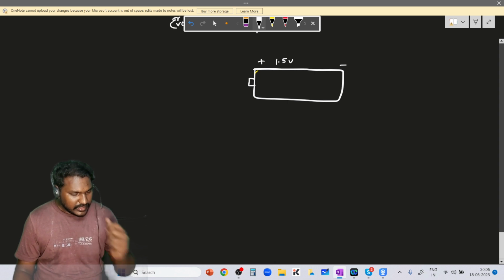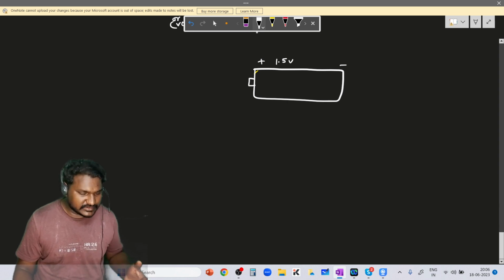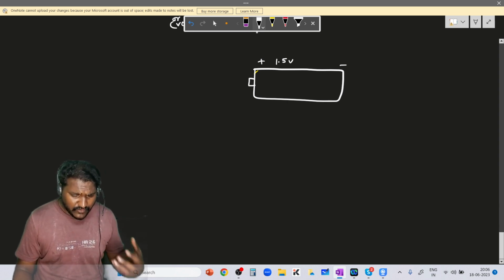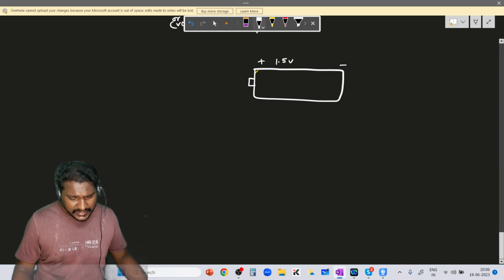Now, if a battery has to produce current, there should be some flow of electrons. And if there is flow of electrons, there should be potential difference. That potential difference in a battery is caused by the chemical inside the battery.